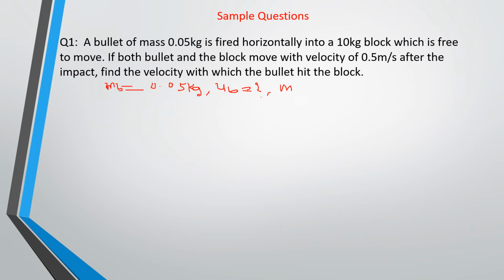Mass of block, we can give it another sign, M2, is equal to 10 kg. That's what is given to you. And then from the question, the initial velocity of the block is equal to 0. Then their common velocity v after collision is given to us to be 0.5 meters per second.